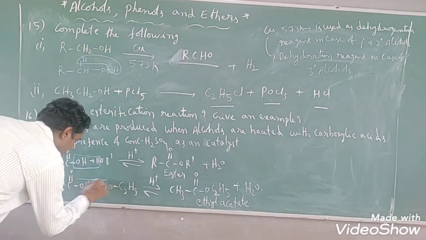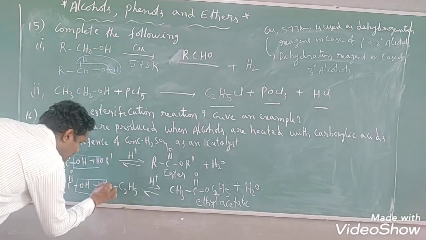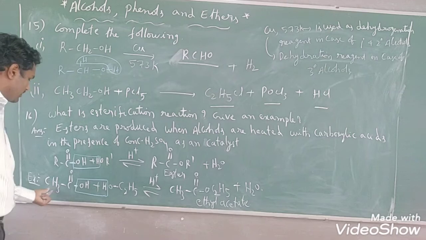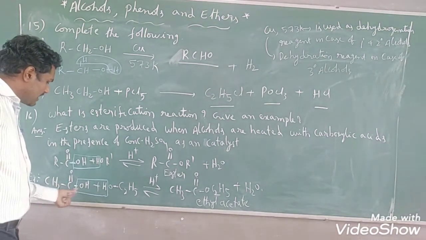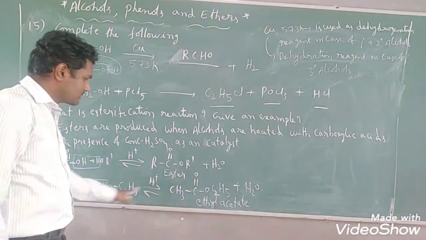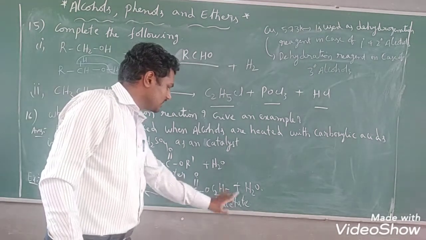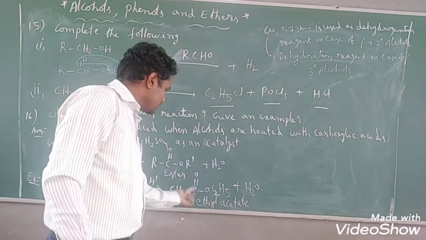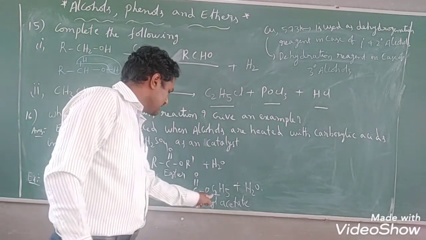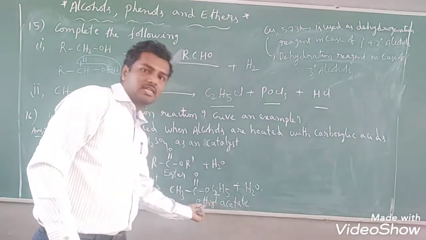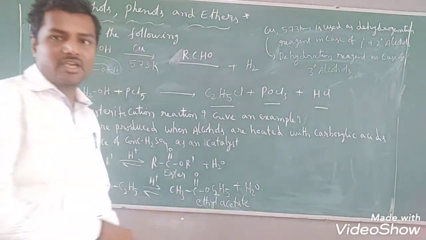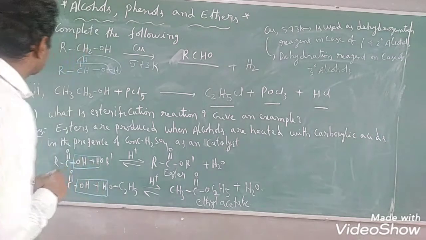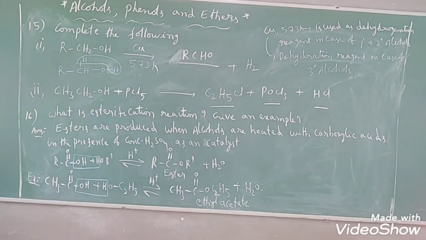Here OH and H are removed as a water molecule, and the remaining entity is CH3C double bond O, this carbon attached to oxygen, so COC2H5, right? So RCOOR dash, here it is ethyl acetate. What is the name of this compound? Ethyl acetate, right? This is the esterification reaction with one example. Okay, copy this one.